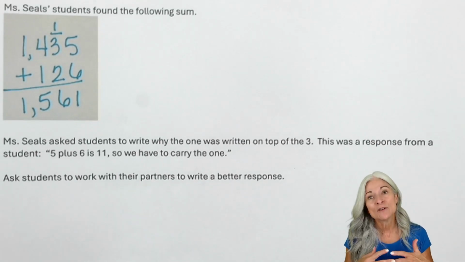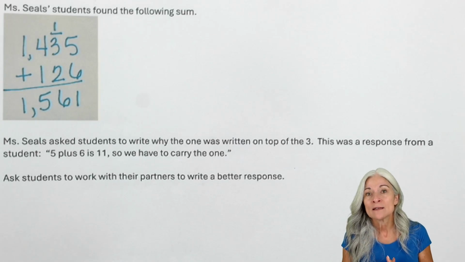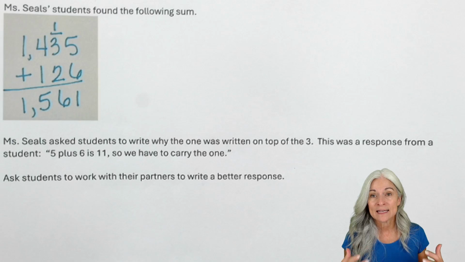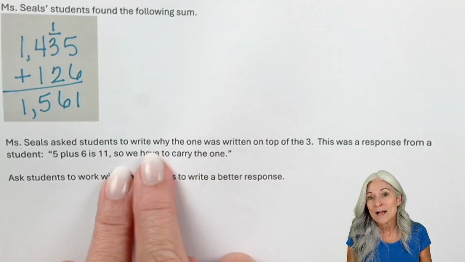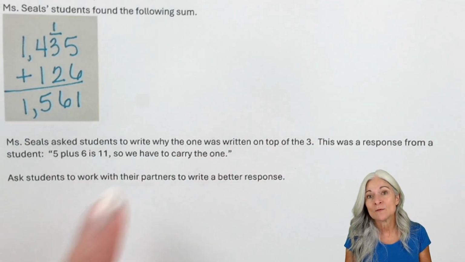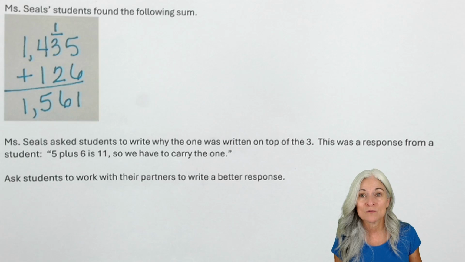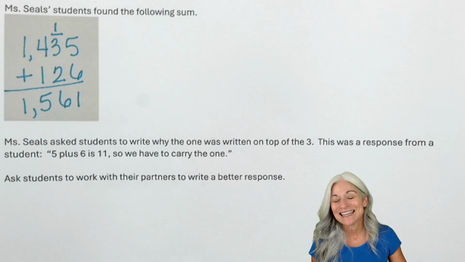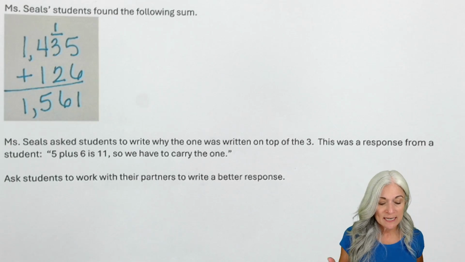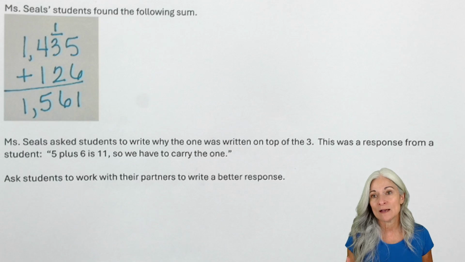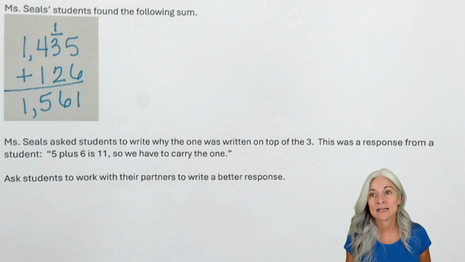So you can have your students work with their partner to rewrite this response to the question, why was the one written on top of the three, and write a better response. That again will help instill that language routine. These language routines came out of Stanford University, and they're a great way to help students get comfortable talking about math.